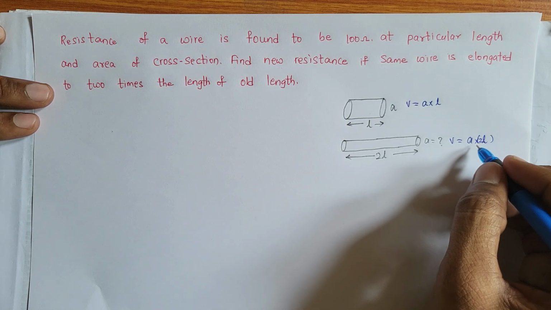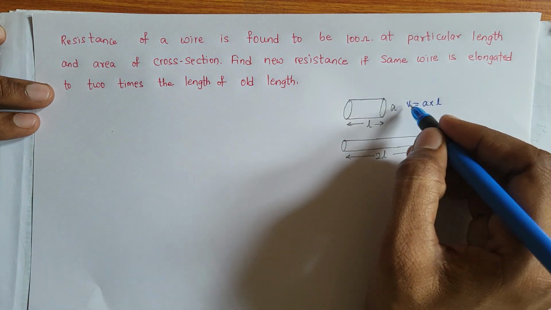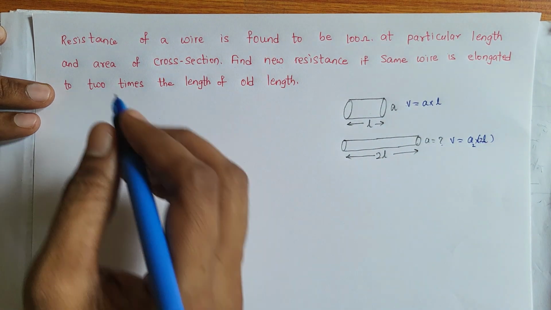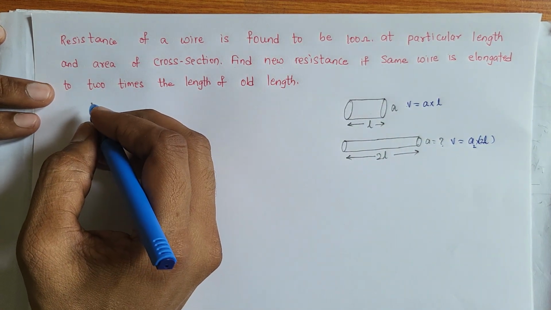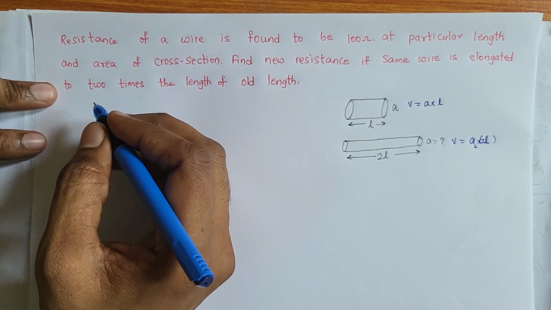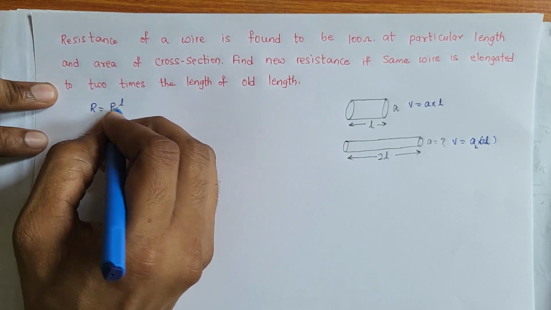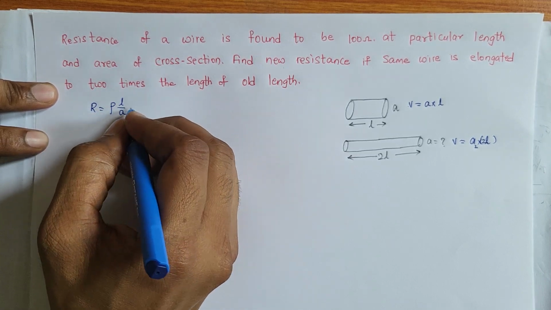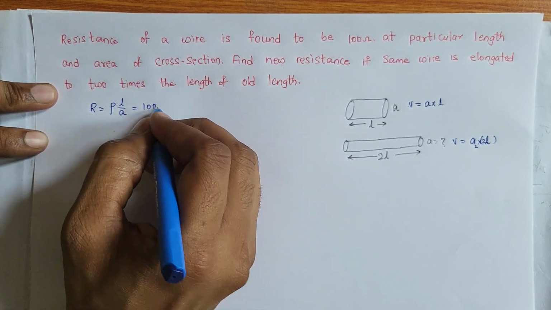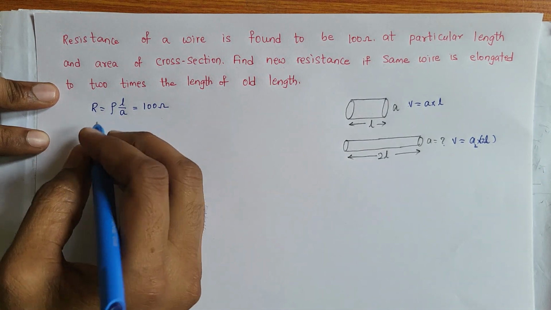Let us take area as A2. Here volume both will be same. In this constant volume problem, R is equal to rho L divided by A, and that is found to be 100 ohm. Now we have to find out the new resistance. Okay. So what can we do?